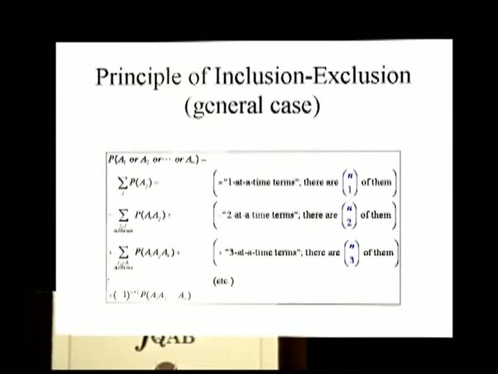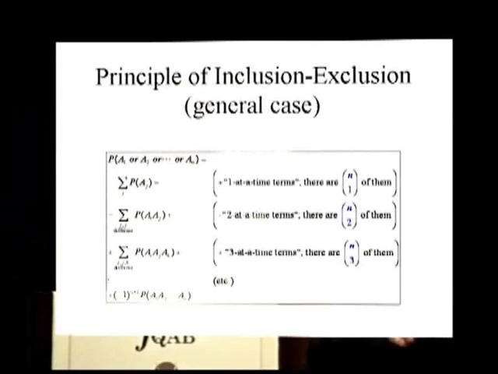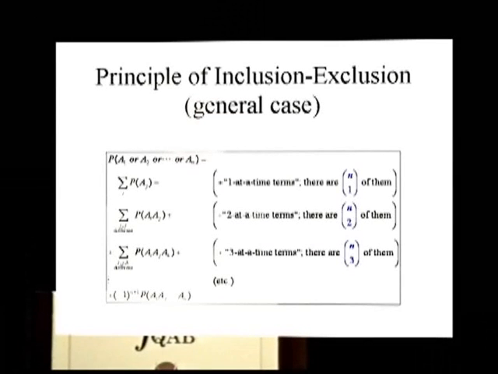Then you're going to include the triplets. Then you exclude the quadruples. And you keep including and excluding, until you reach the number n. The tough part is to realize how many are they, because there is a summation here. How many are they? Look at this pattern. N, one at a time, n, two at a time, n, three at a time. And because I am including and then excluding, the sign is reversed.